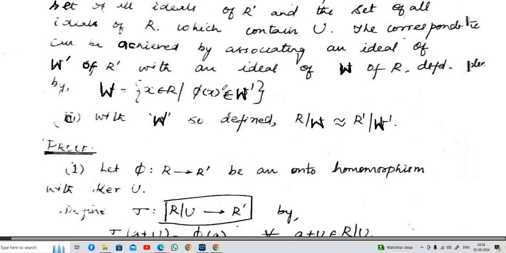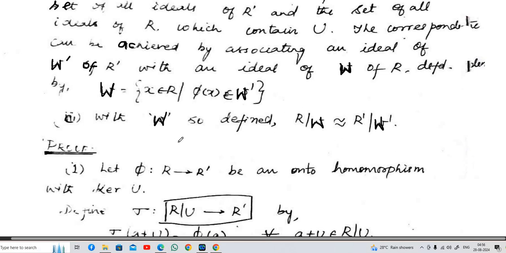So with W so defined, we need to show that R mod W is isomorphic to R prime mod W prime. So when we prove this, we'll have to bear in mind how W and W prime are related. Only then will it be easy for us to establish this.